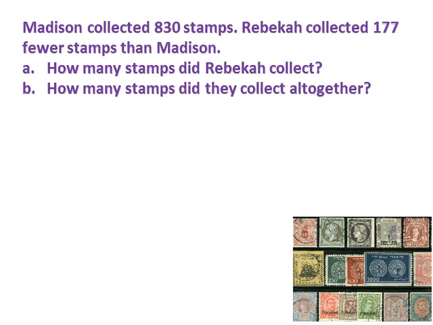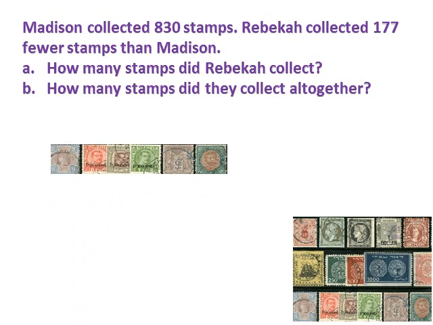So let's read this one slowly. Madison collected 830 stamps. So let this box be the number of stamps that Madison collected, and that is 830. And then it says Rebecca also collected some stamps. However, do we know how many Rebecca collected? We do not know, so therefore there's a question mark.